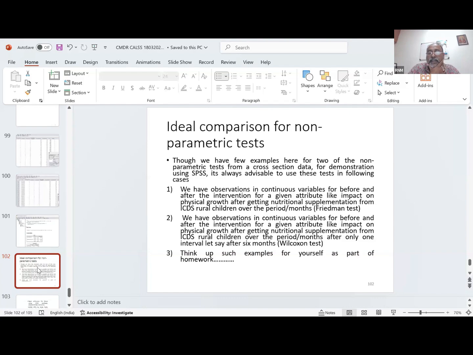See what has happened here. You have one attribute called before and after, another thing is the intervention made, and another attribute is change in, let's say, stunting, height for age. When you have two related samples you are comparing, you should go for ANOVA.